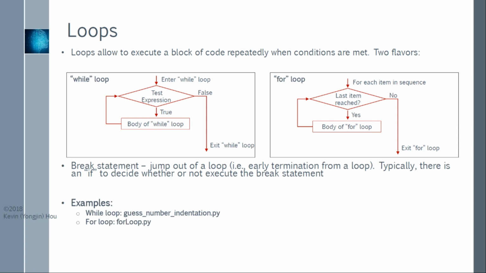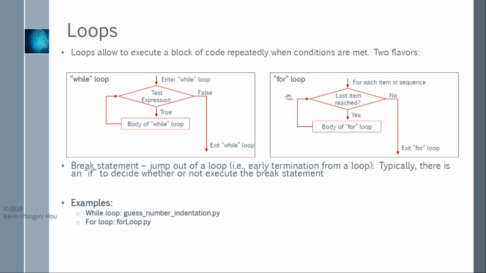For loops, there are two flavors. One type is called a while loop. First, you enter the while loop. If the condition is true, you execute the body of the while loop. If it's false, you just leave the loop right away, because there's nothing to do. This is called the while loop.